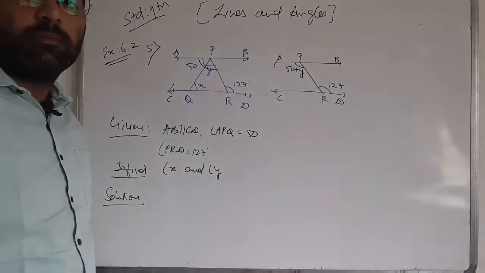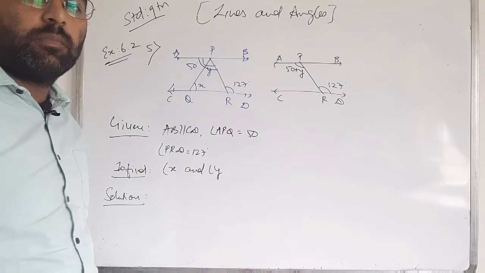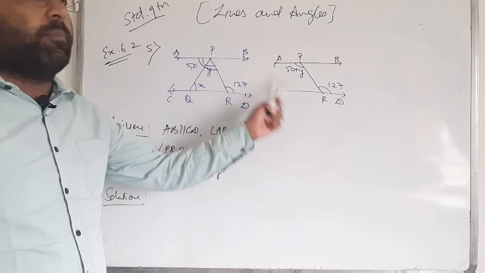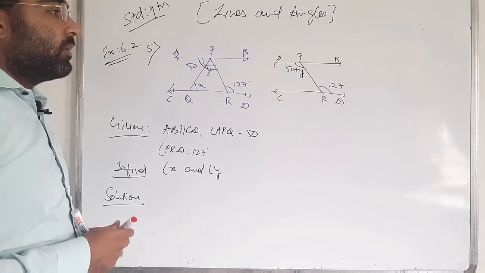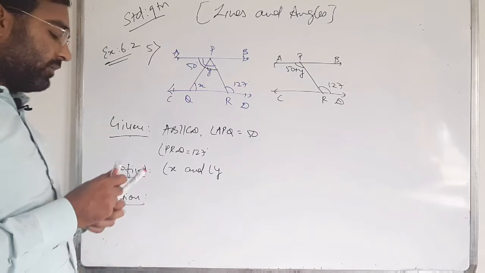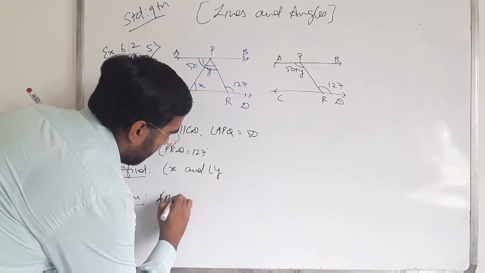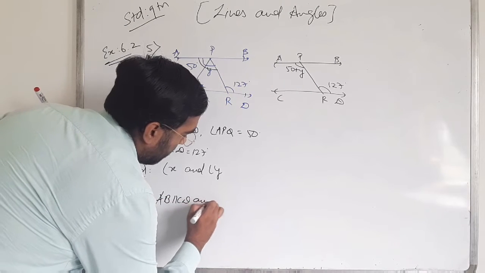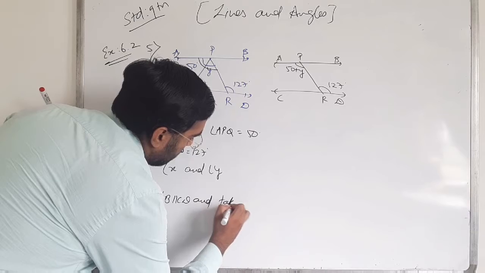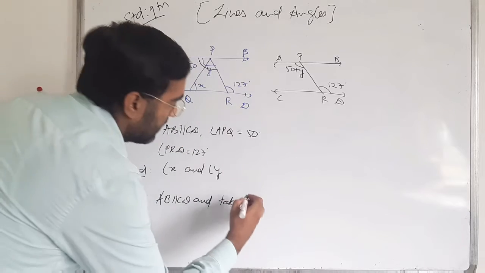So we take AB parallel to CD and PR as a transversal.